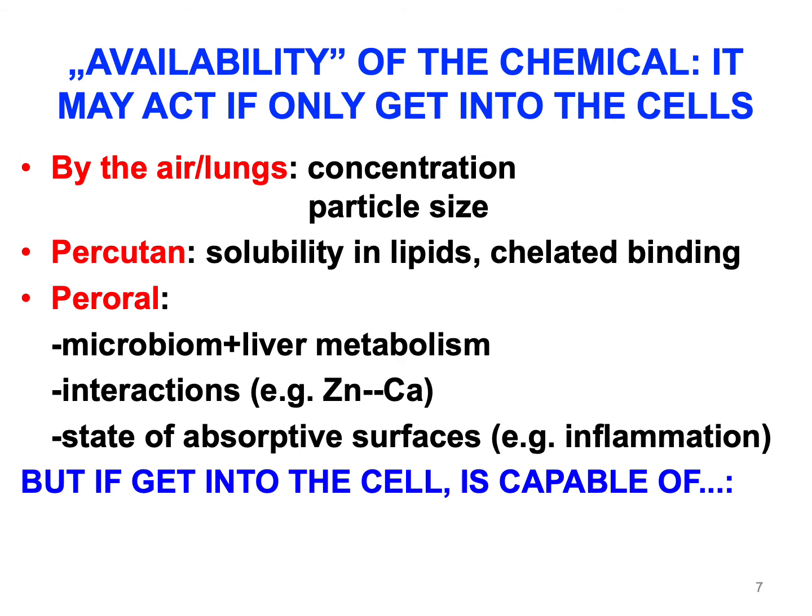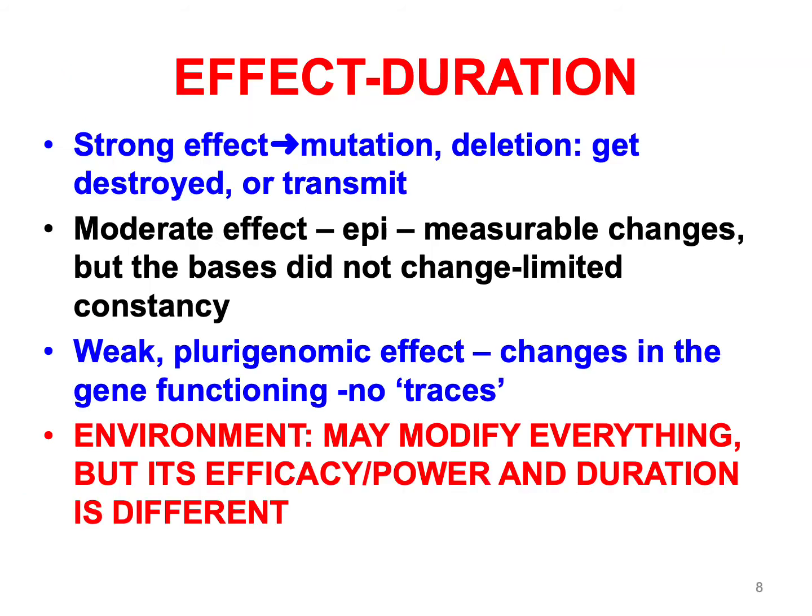But if a chemical compound gets into the cell and is capable of exerting an effect, this effect may have different strength and different duration. If this external effect is strong, like chemicals on the fertilized egg or irradiation, it may cause mutation or deletion, which will destroy the cell or the organism.